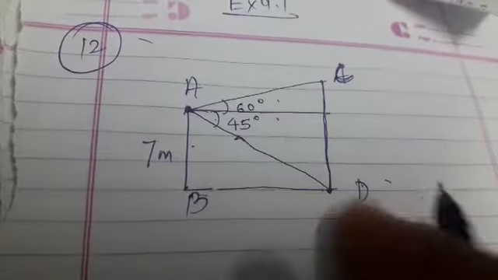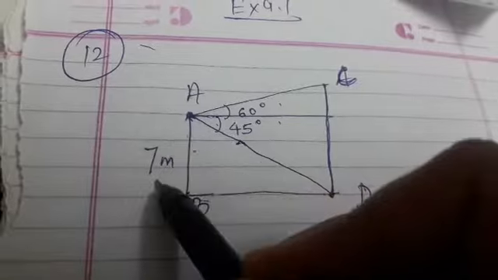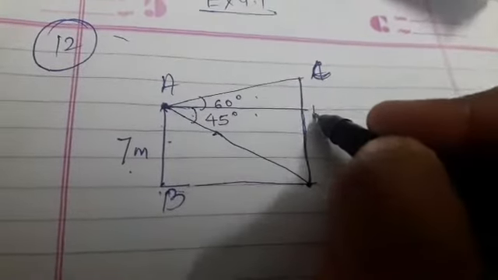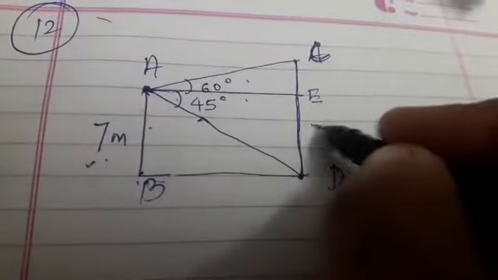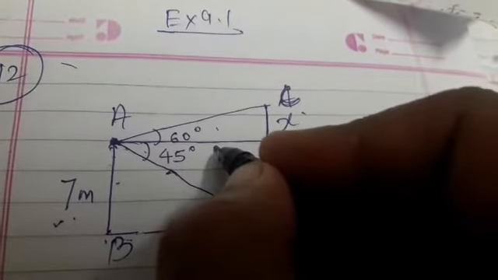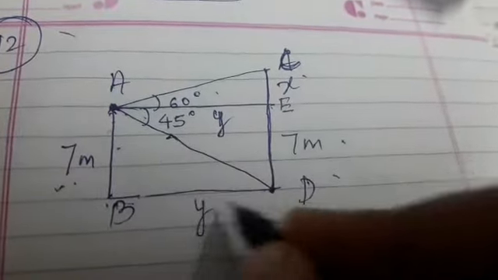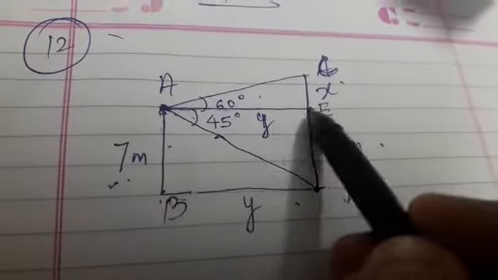Okay, now we have to take AB as 7, right? This point I take as E, and because this is 7 meter, this also will be 7 meter, and this I take as X. This length, E to D, I take as Y. This also will be Y, and you know that these lines are parallel to each other.